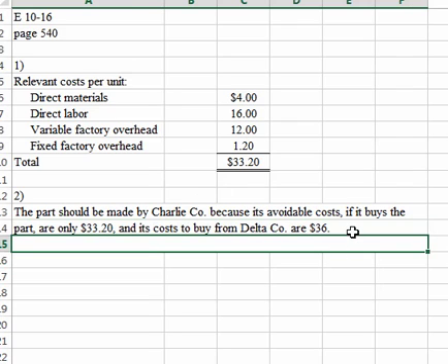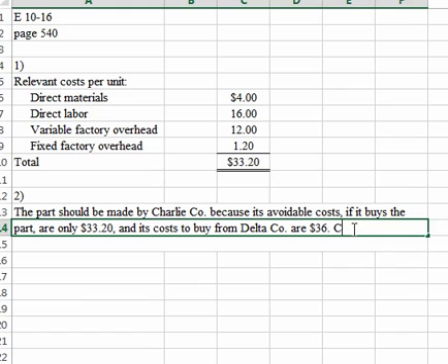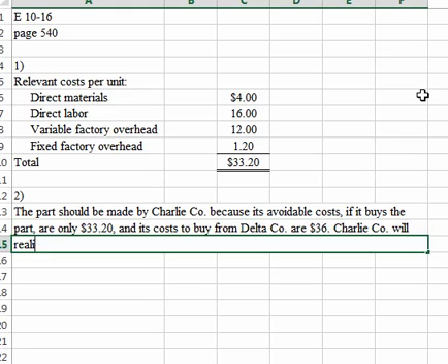So I'm going to go on to say Charlie Company will realize a savings of $2.80 per part by producing the component part in-house.